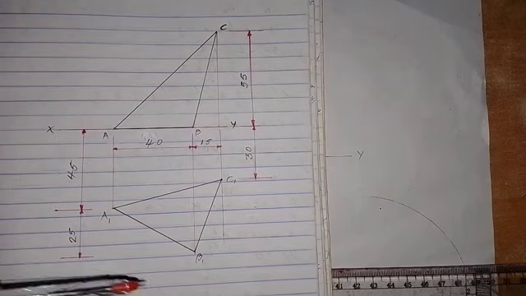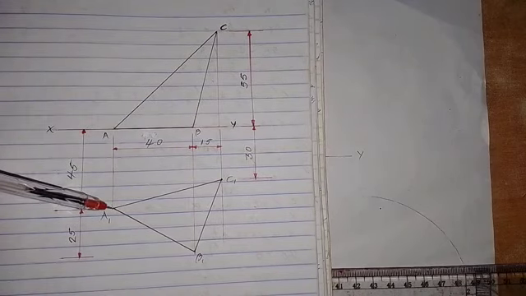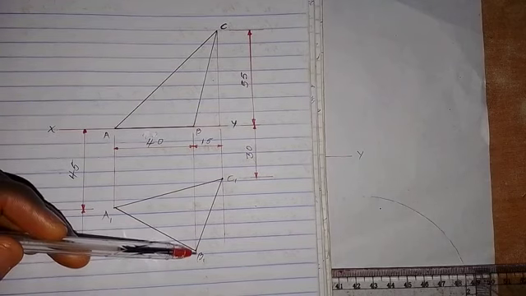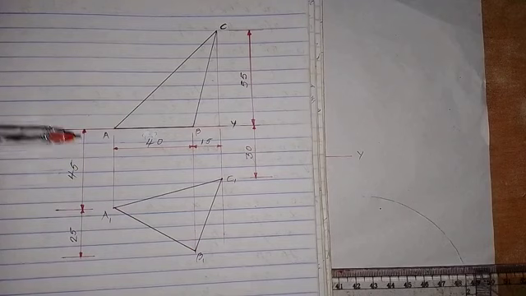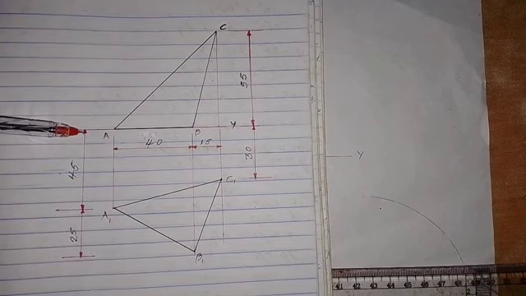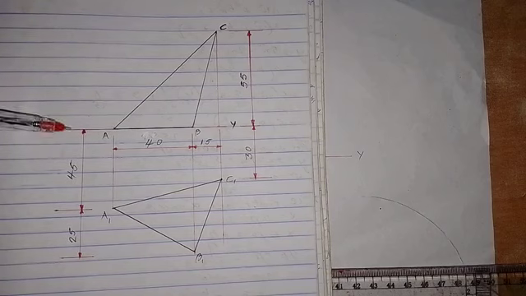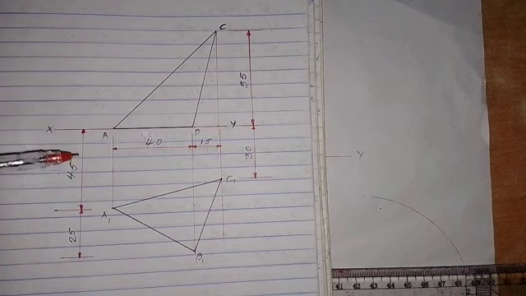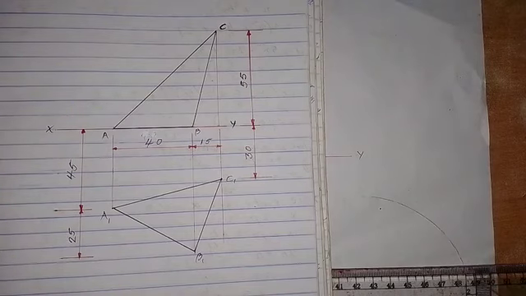The distance of point A from the XY line is 45 millimeters, and the distance of point B1 from the XY line is the sum of 25 and 45 millimeters, which gives us 70 millimeters. So we are going to take these measurements to produce this. I'm going to produce the front elevation and the plan while I pause the video.